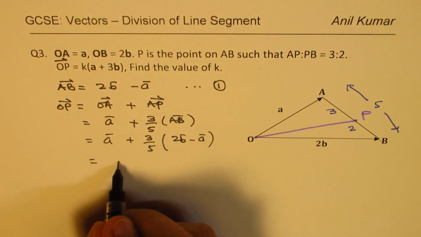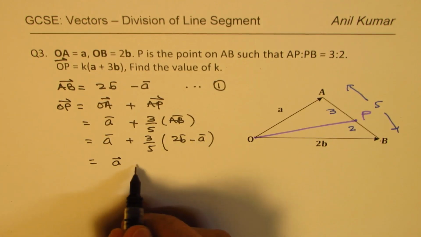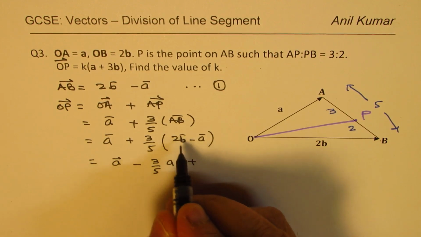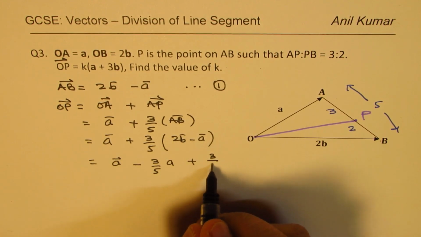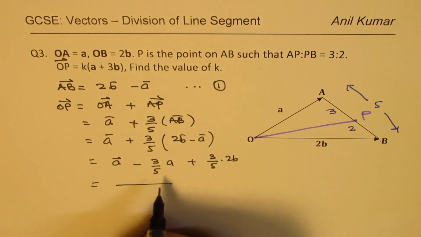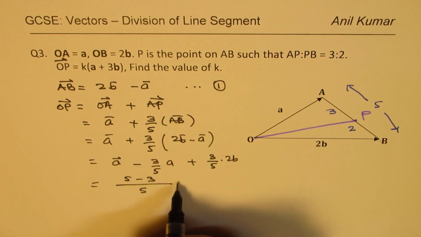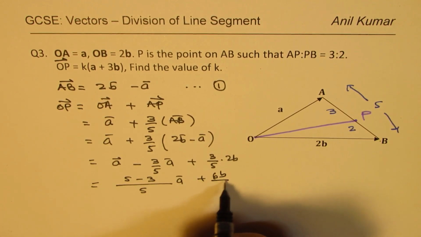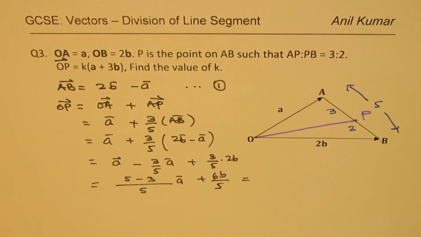So we can now combine the like terms. We have A and we'll bring minus 3 over 5A. We'll write this first. And then we'll write the B vector, 3 over 5 times 2B. Combining these two, what do we get? 5 is the denominator and we get 5 minus 3A here. And the vector 6B over 5. Perfect. So 5 minus 3 is 2.